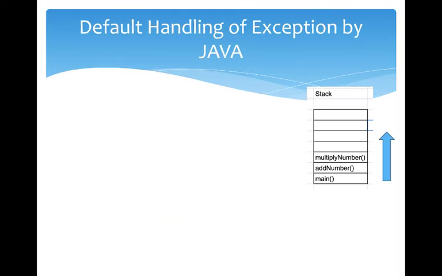Now let's try to understand the default handling of exceptions by Java. It's very important because once you understand this, you will be able to read exceptions in your console or script correctly. Some people only see that there is some exception and try to fix the script, but they don't understand the stack or where exactly the exception came from.